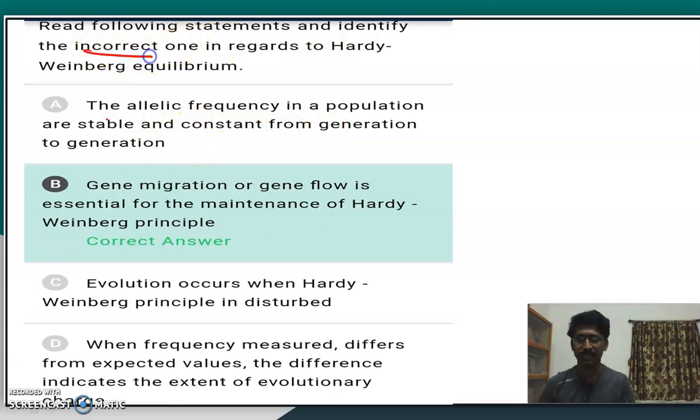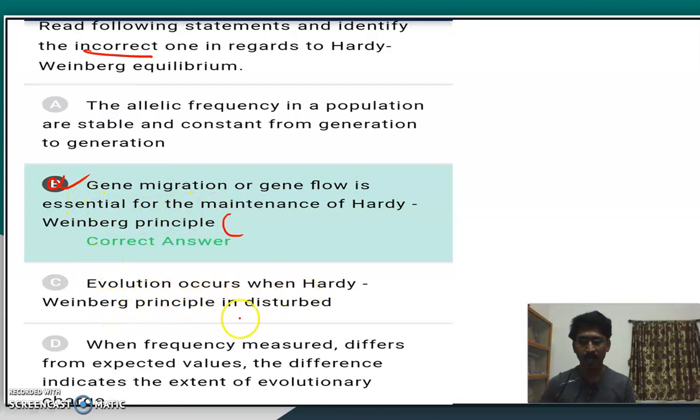Since there is no evolutionary force, gene migration or gene flow is not essential for maintenance of Hardy-Weinberg. There should not be any gene flow, mutation, migration, genetic drift, or any evolutionary forces operating. So it's an incorrect statement.